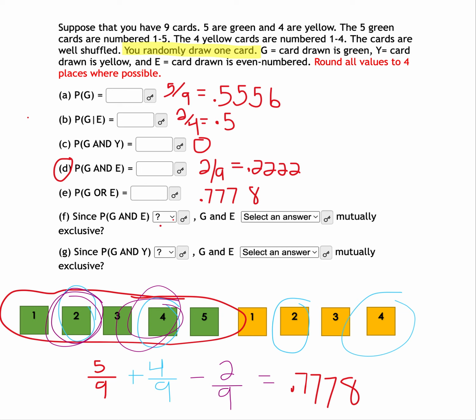So your options here would be that it's equal to 0 or not equal to 0. So in this case, I would pick not equal to 0 because 0.2222 is not equal to 0, which means G and E are not mutually exclusive. Mutually exclusive means that the probability of them happening together is 0, meaning they can't happen together.